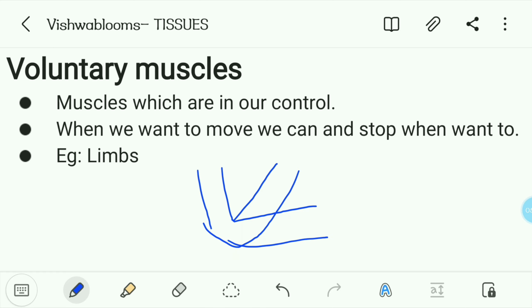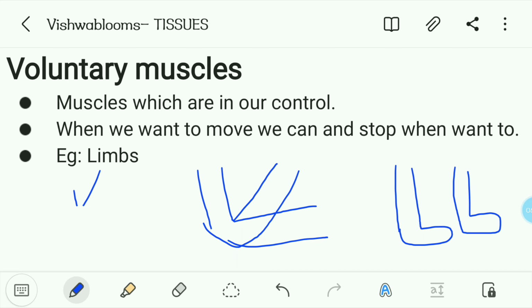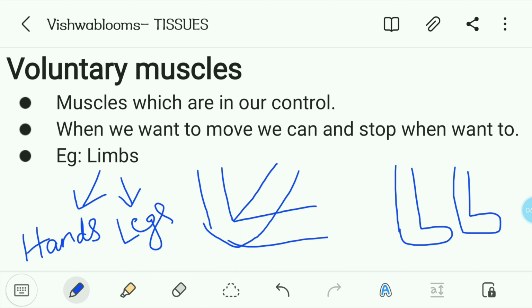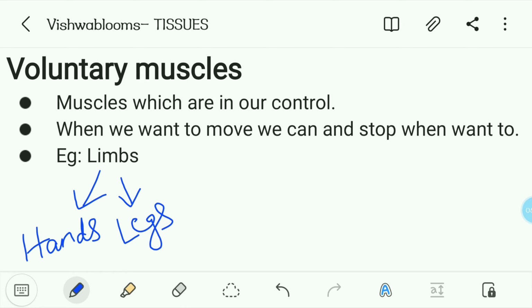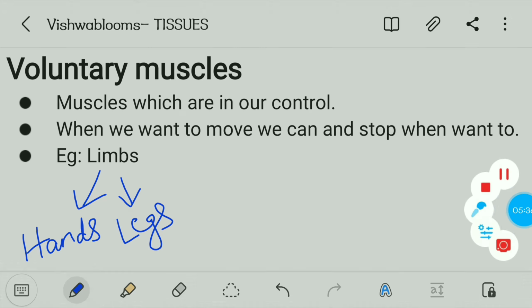Whenever I want to put it down, I can release it. And even legs: whenever I want to move forward, I can move, or whenever I want to go backward, I can go, or if I want to stop there, I can stop. That's what limbs are, nothing but hands and also legs. That is the example I have given. Now we will get into the next one.